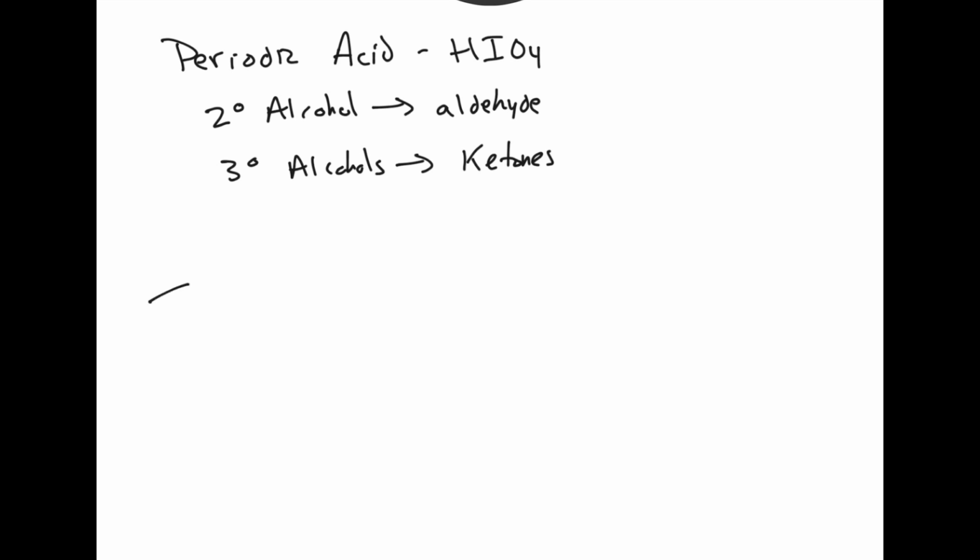So what happens here is you have your two alcohols, and you add HIO4. Right? And what the periodic acid does is it breaks this carbon-carbon bond between the two alcohols and then oxidizes each alcohol one time. So you go from having one molecule to having two.